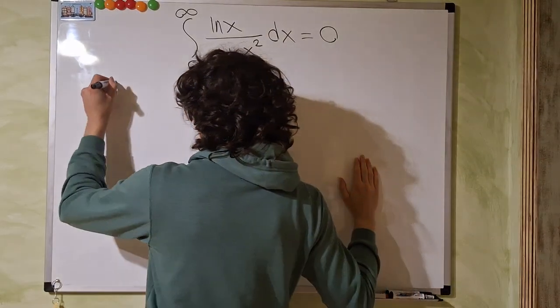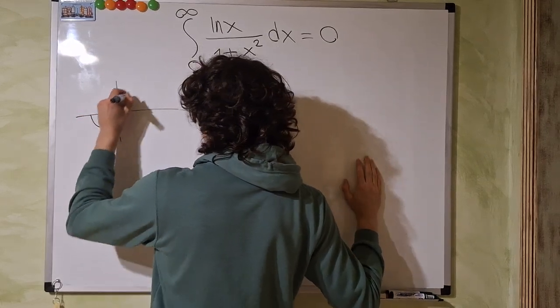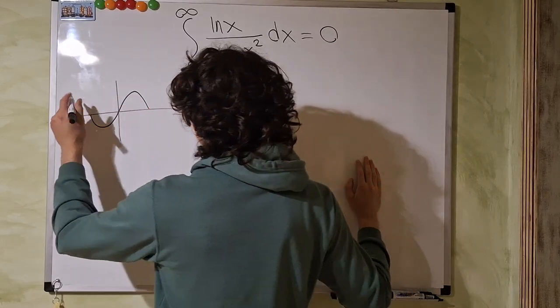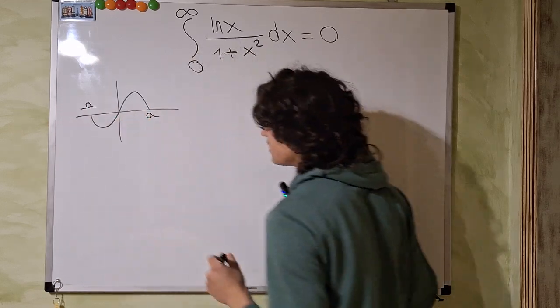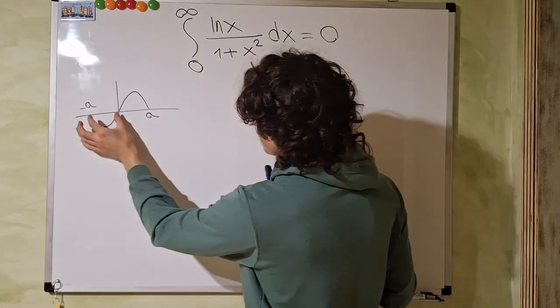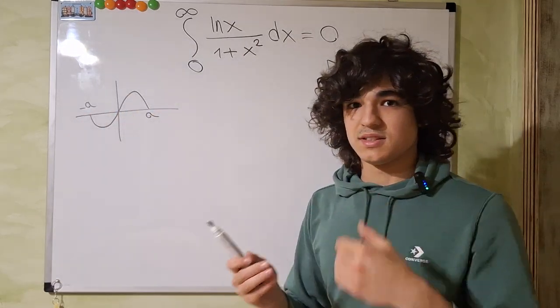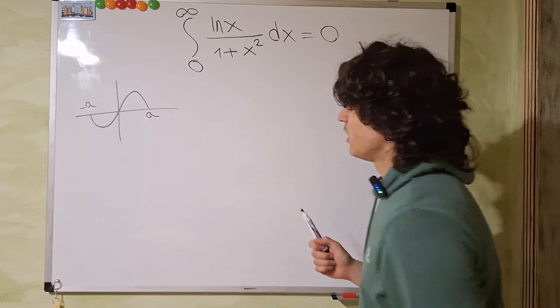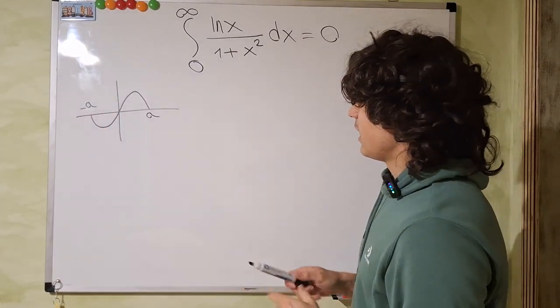What is an example of an integral that is 0 and is simpler? Well, if you take a function that looks like this and you integrate it from a point minus a to a point plus a, the distance from the origin is the same. The two areas are the same because this function is symmetric across the origin here.